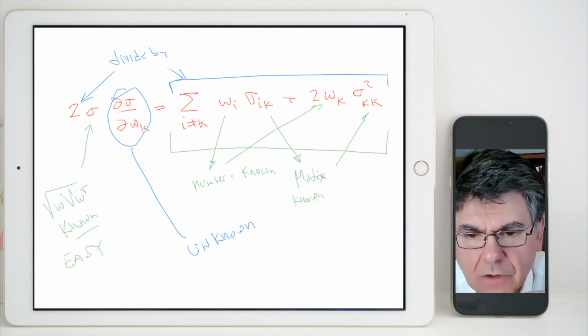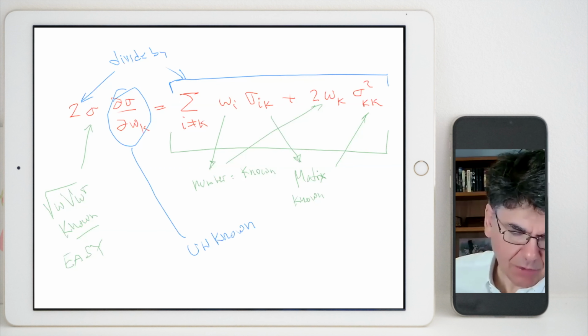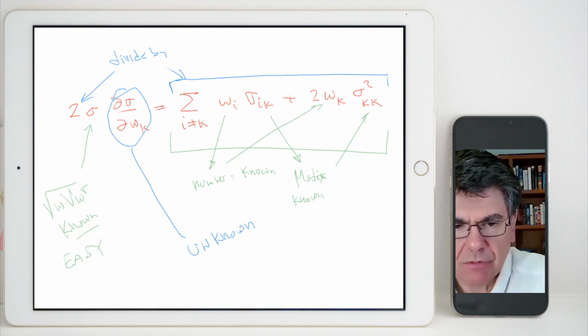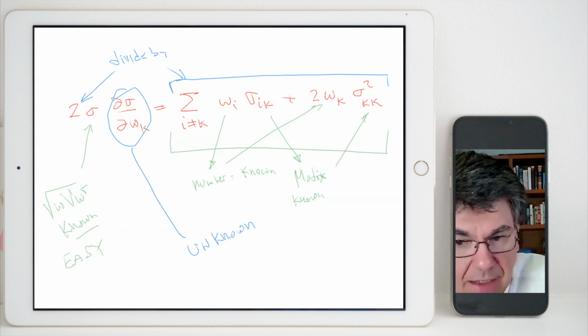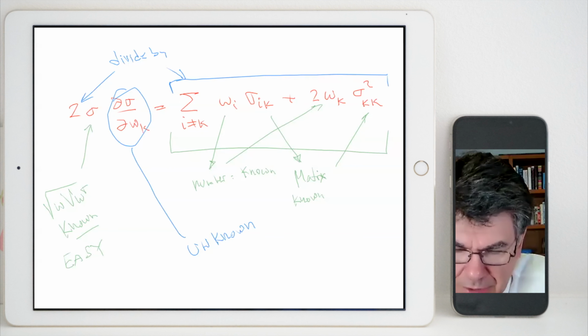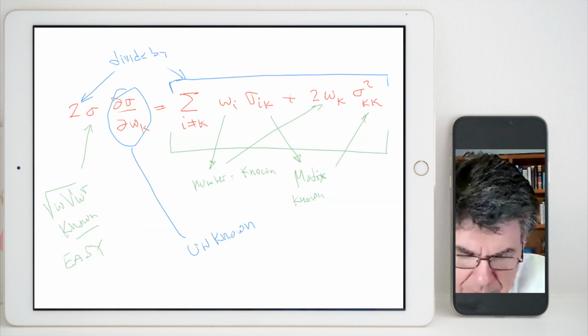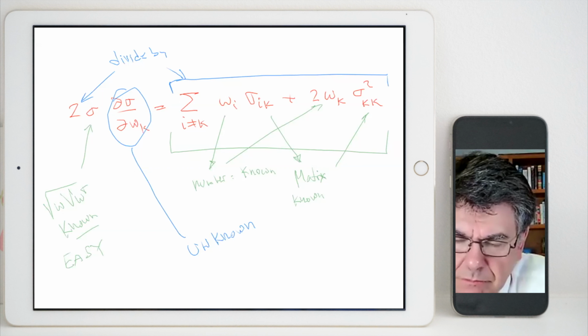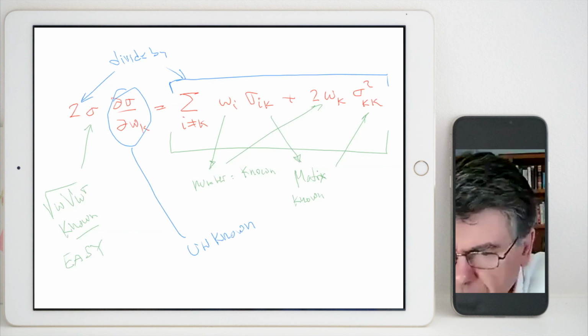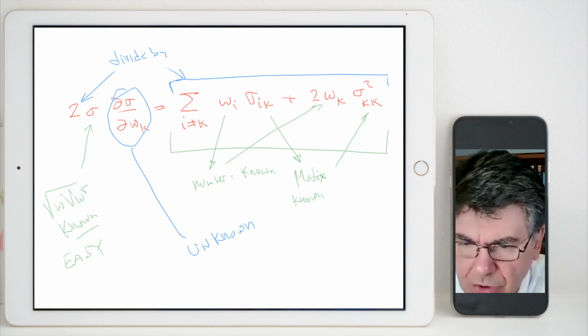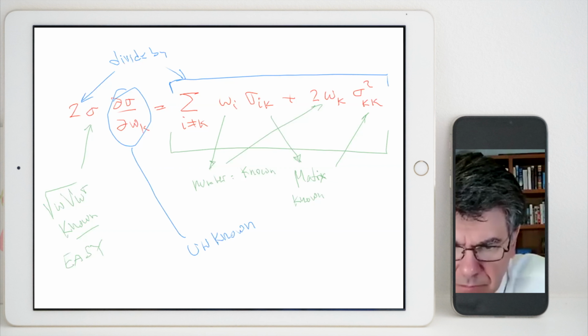So we have an expression where the right-hand side is known and the left-hand side has an unknown quantity that we can get by division. I still don't have an answer on the chat that this is understood.